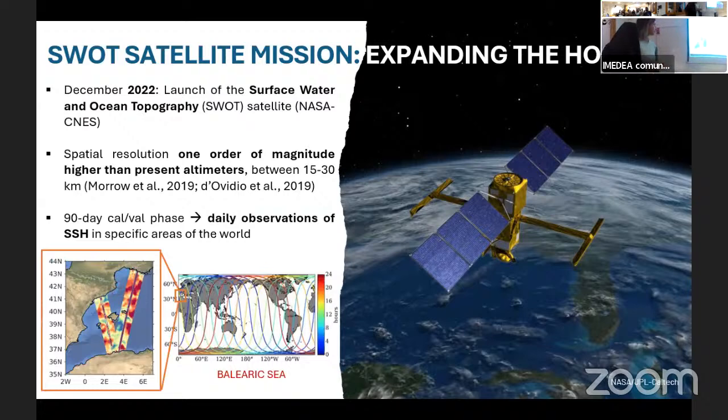So after its launch, SWOT started with a validation and calibration phase of 90 days, where it provided daily observations of sea surface height in specific areas of the world. So we were lucky because one of the selected areas was the Balearic Sea.